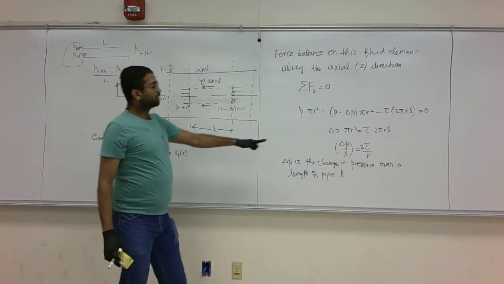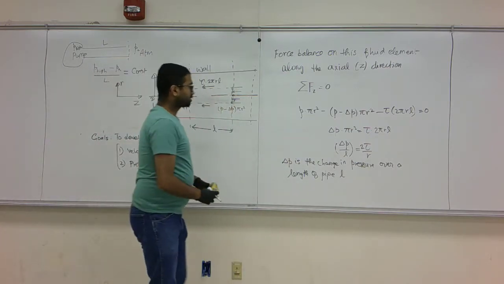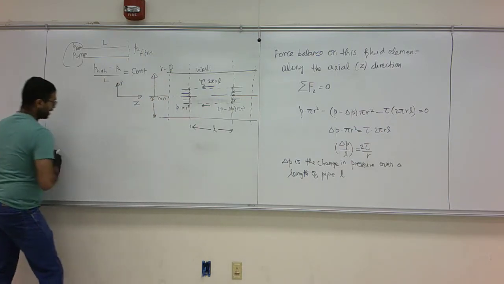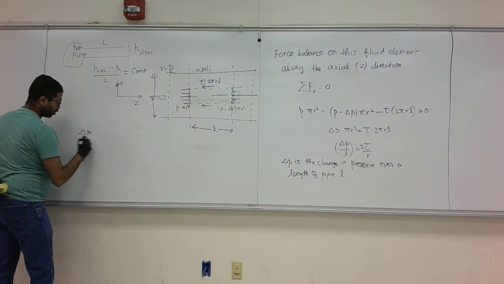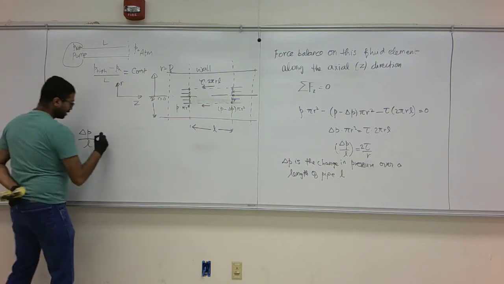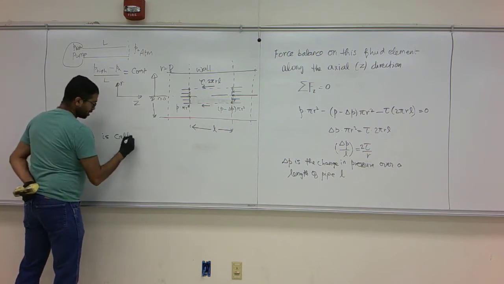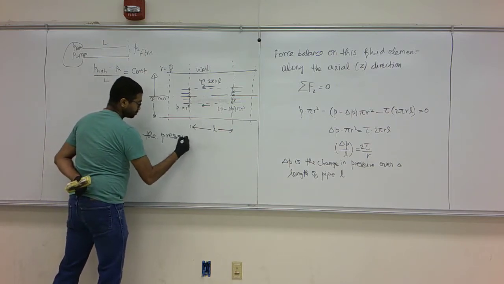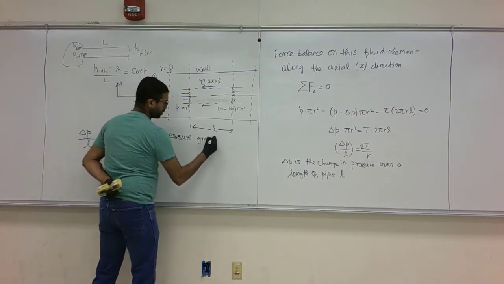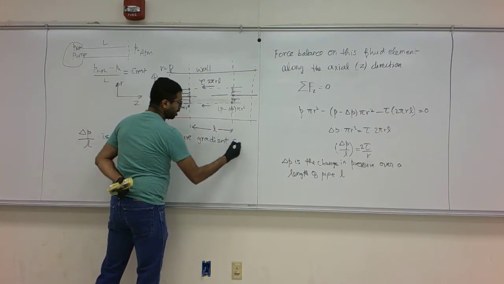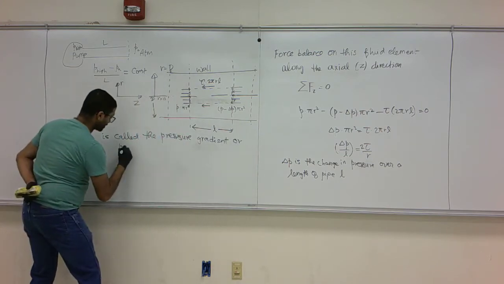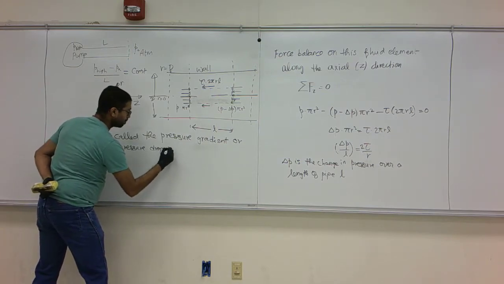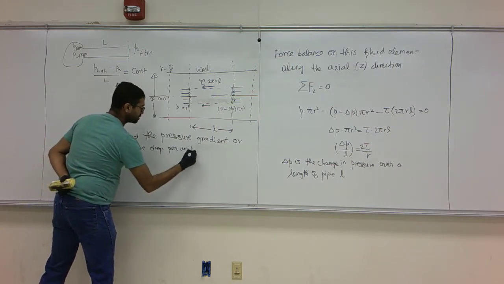It is a quantity that is constant, and this constant delta P over L is called the pressure gradient, or pressure drop per unit length.